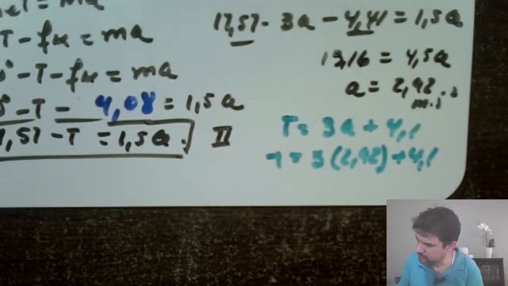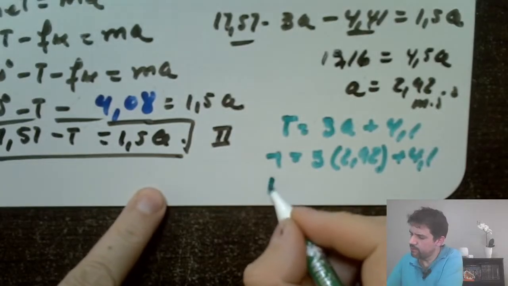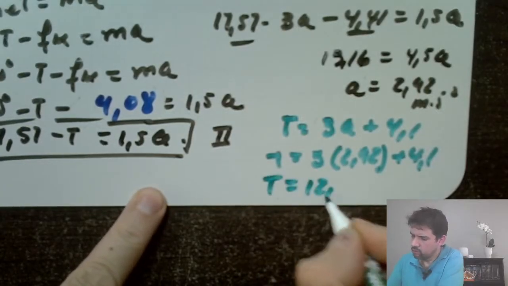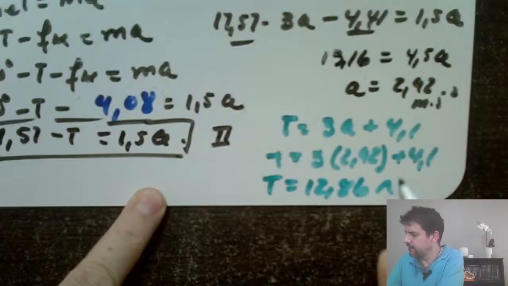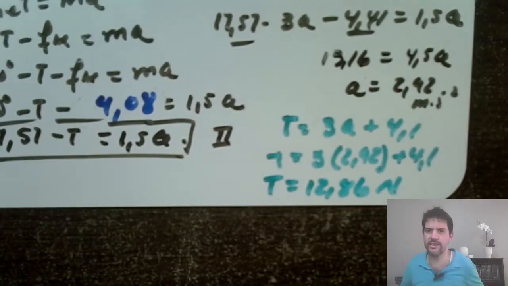Let's do that one. 3 times 2,92 plus 4,1. We get that is 12,86 Newton. Guys, this is the end of the question.